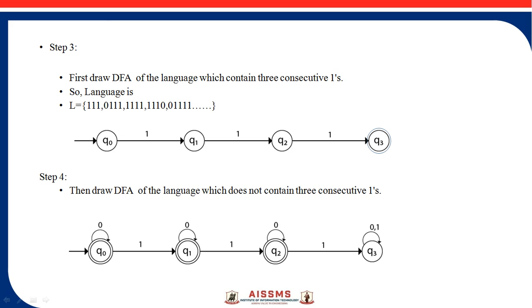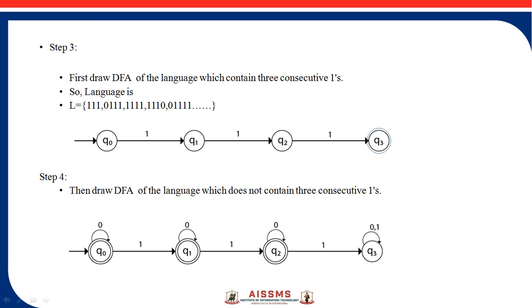Afterward we have to draw the required DFA, that is the main, final DFA, which has a language that does not contain three consecutive ones. In the first DFA, Q3 is a final state and accepts only three consecutive ones. So in the final DFA we can't assign a final state to Q3.